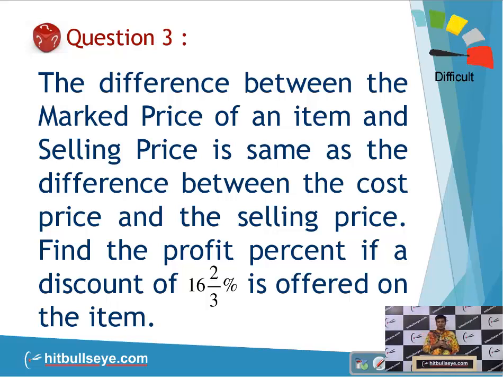So here that means the difference between selling and cost price generally occurs due to profit or loss. Now find the profit percent if a discount of 16 2/3% is offered on the item.